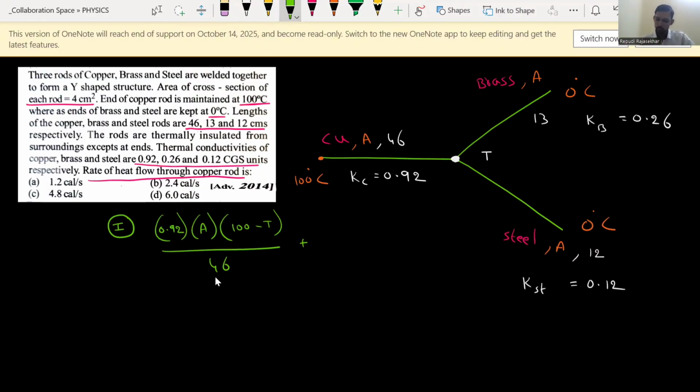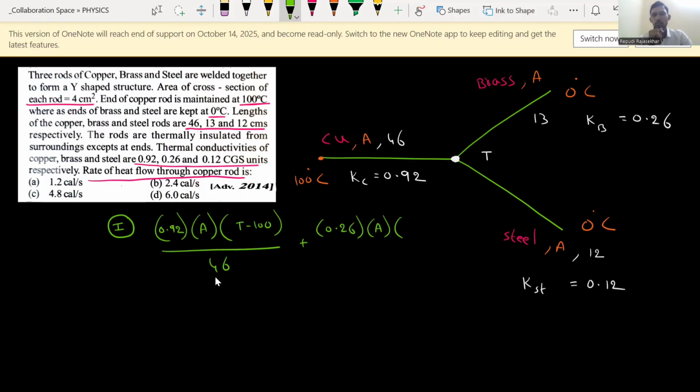Now the brass wire. The K value given is 0.26. 0.26 into A into the delta T value. Don't take 100 minus here. Here, better you take directly the junction temperature minus the other temperature. Listen to my words. First write the junction temperature minus the other temperature. Directly you will get the answer. So T minus 100. Better you take this. Otherwise, what you have to do? If you take 100 minus T, then dQ by dt in the copper wire should be equal to dQ by dt in the brass wire plus dQ by dt in the steel wire.